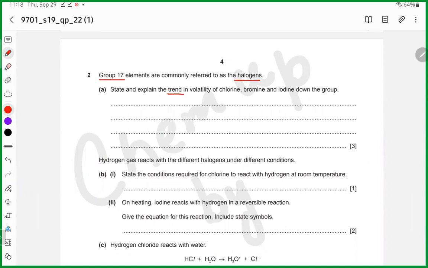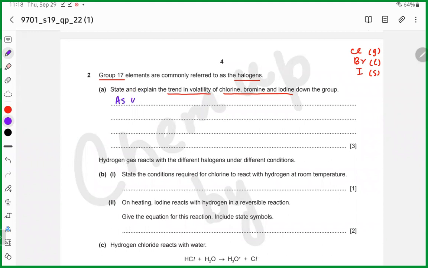State and explain the trend in volatility of chlorine, bromine, iodine down the group. So when we look at them down the group, if you recall their states, chlorine is a gas, bromine is a liquid, and iodine is a solid. First, we have to state the trend.